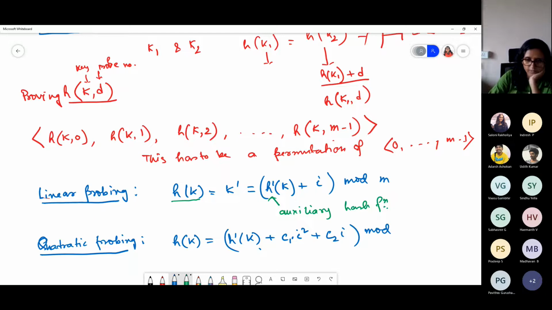So here what we are doing? This i is our number, the 0, 1, 2, 3 which is denoted here by i. So here i belongs to 0 to m minus 1, and in this case c1 and c2 are constants.